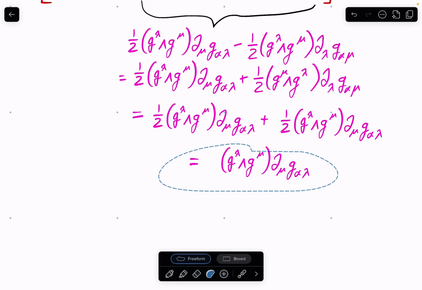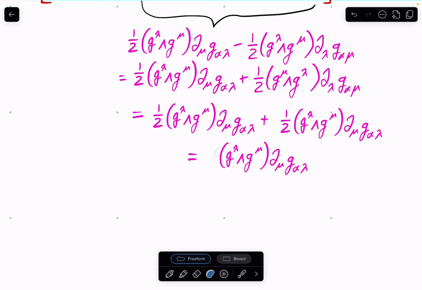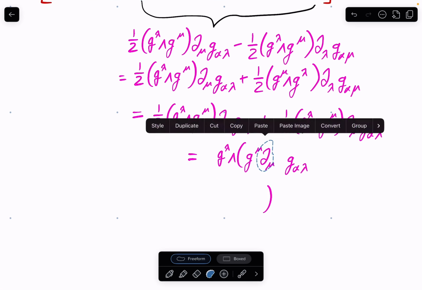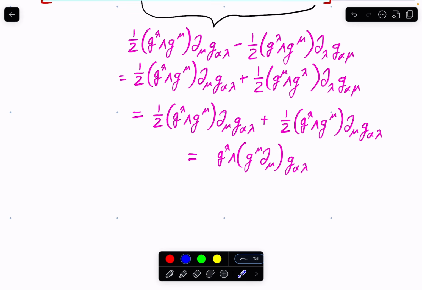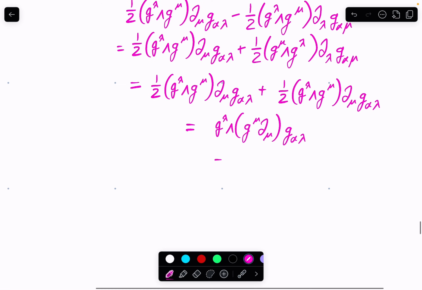And what does this quantity look like? Well, we can actually rearrange the parentheses, because recall this was scalar, so we can move it inside these parentheses, and this is the definition of the space-time gradient. So we get G lambda wedge the space-time gradient of alpha lambda, so the metric.